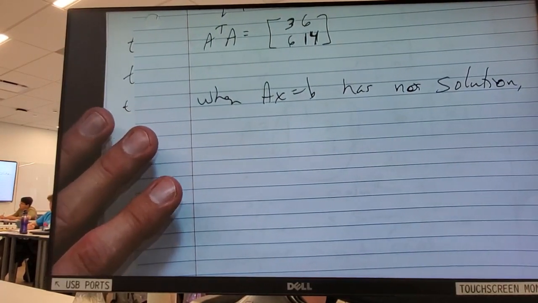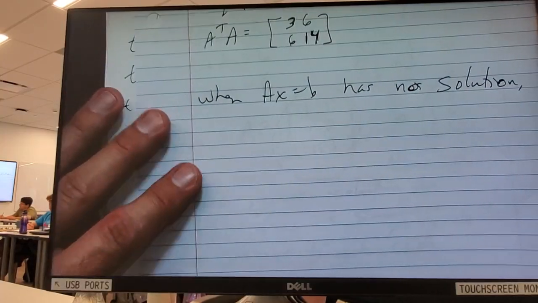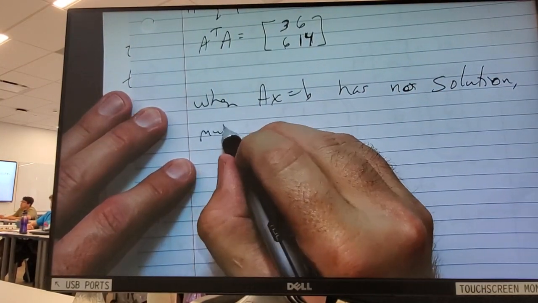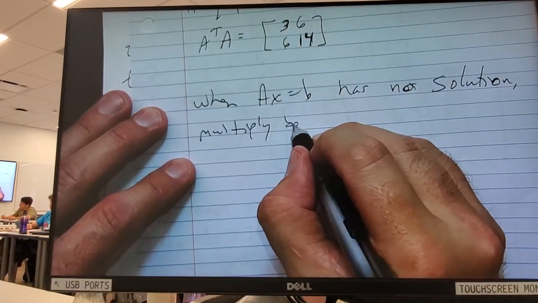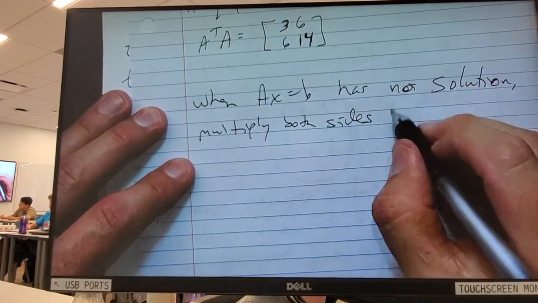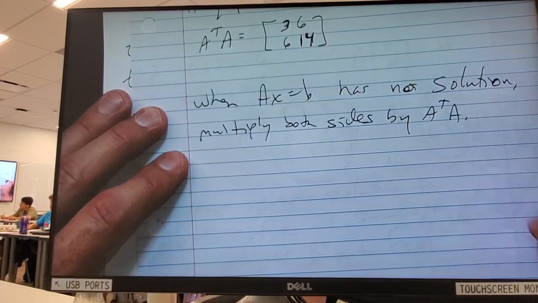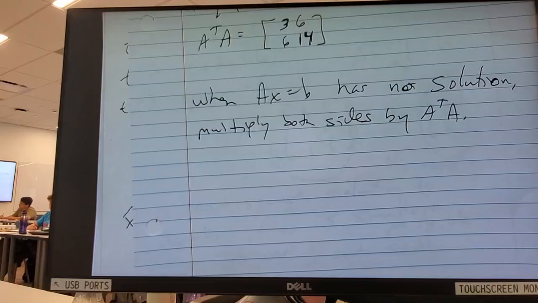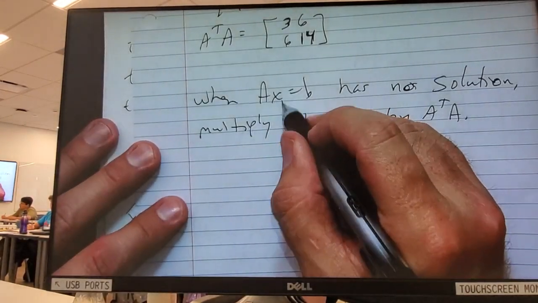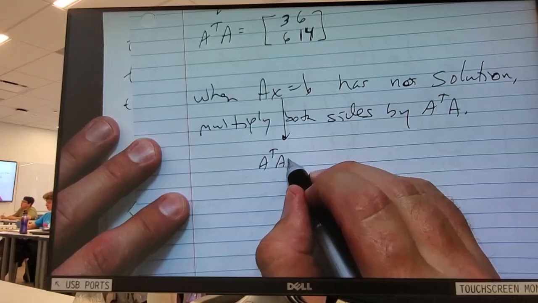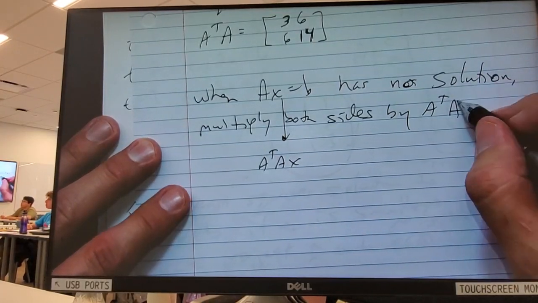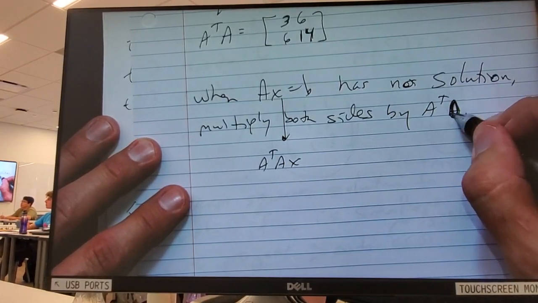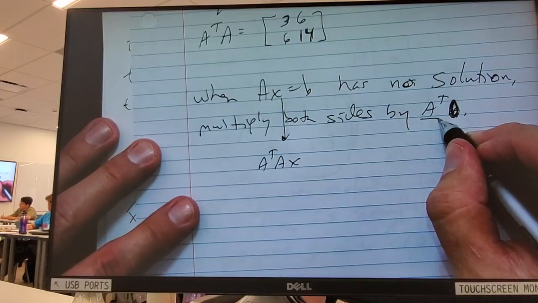one thing we can do is multiply both sides by A transpose.